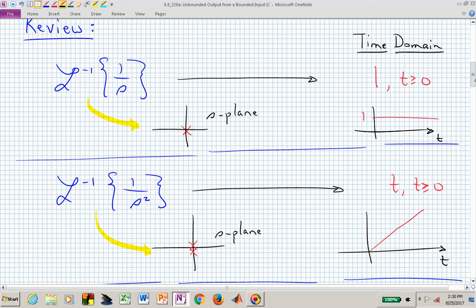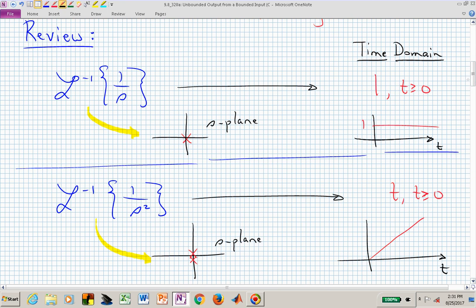Now what you can think of is, if you had 1 over s and you knew that produced a 1, now you look at 1 over s squared, you've repeated that pole factor at the same location. And when you repeat a pole factor, what is our mantra?